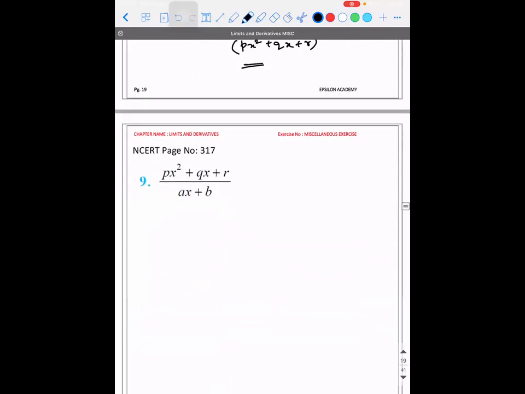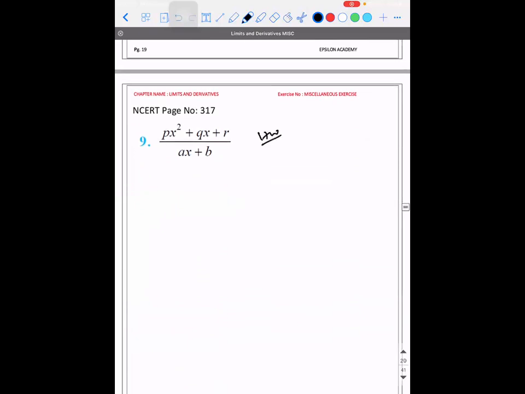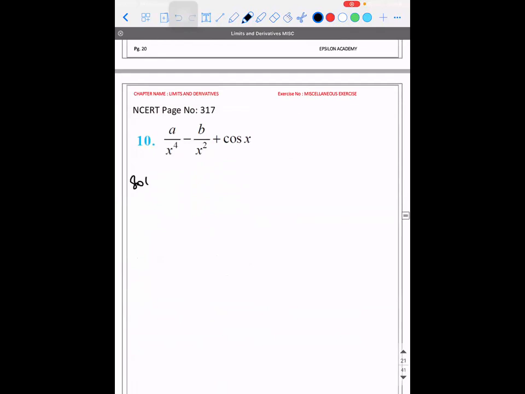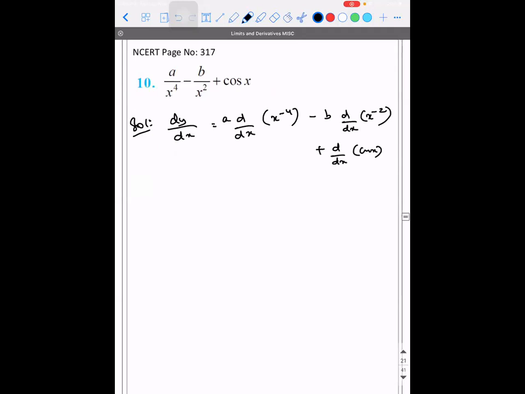Okay. Next one, homework, similar kind. We'll do the 10th one. So how to do the 10th one? dy by dx is equal to d by dx of a x power minus 4 minus b x power minus 2 plus cos x.